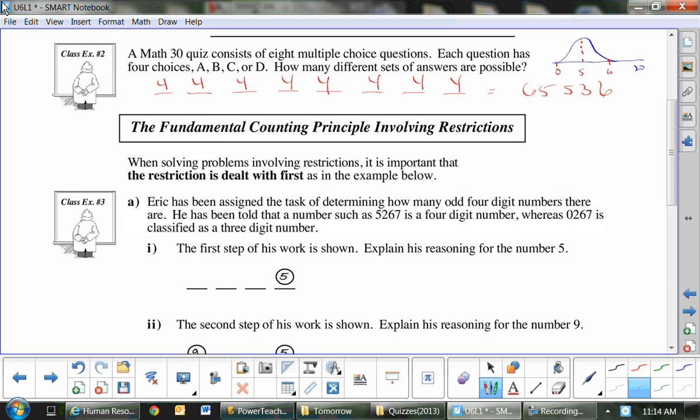Now, here's the interesting part. My top student in that class got 10 out of 20. And my weakest student in that class got 0 out of 20. He just filled it in randomly, totally by chance.